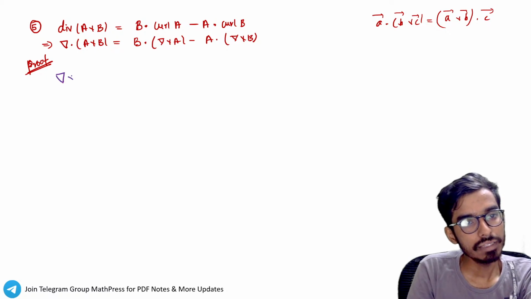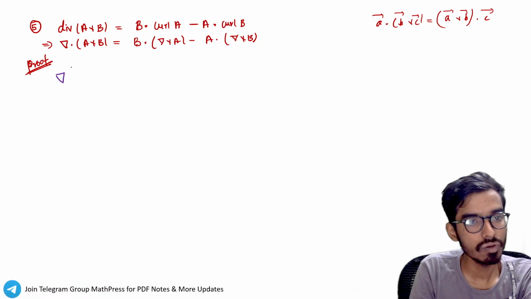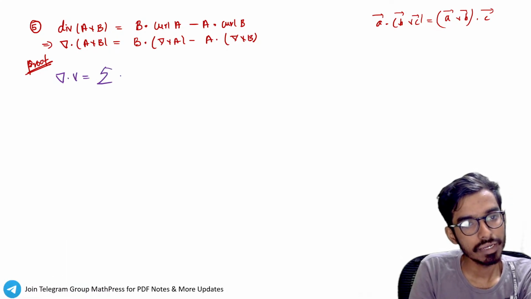Now, what is divergence of A cross B? We know what is divergence of B. It is summation i dot dou B by dou x, right?